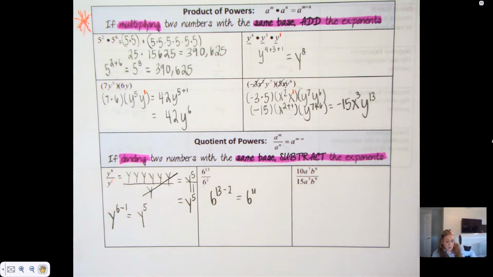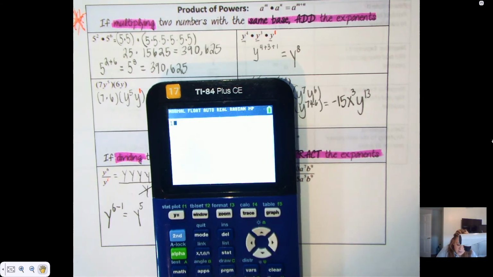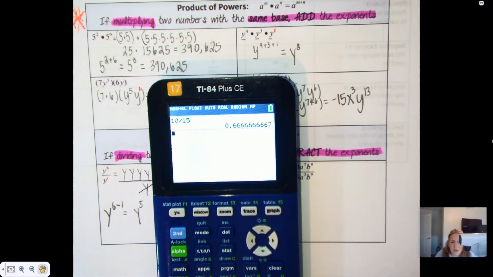This one right here, no different, okay? So all you're going to do is simplify the numbers and subtract the exponents. So the first thing I would do is 10 divided by 15. Well, that gives me gross decimals. We don't want decimals here on out forever, for always. We don't want mixed numbers. Keep it as a fraction, okay? So if I want to know what this is as a fraction, I'm going to hit math and enter.